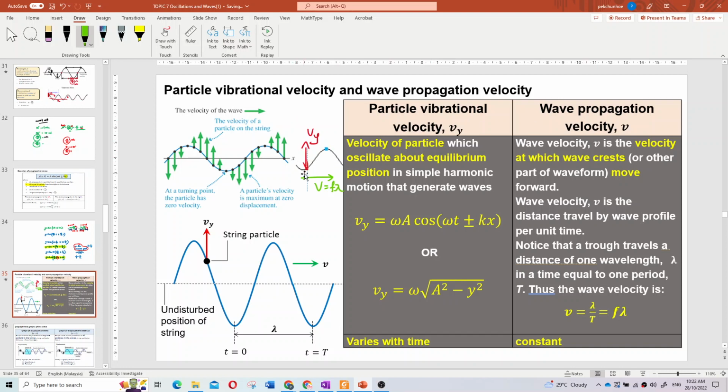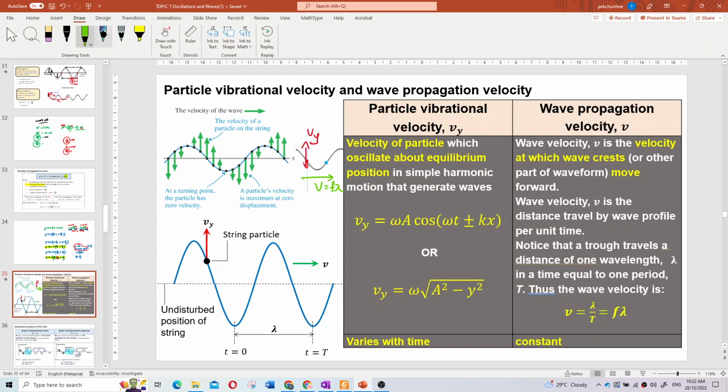The particle vibration velocity is the very long equation. The wave propagation velocity is the velocity of the wave moving forward, v equal to f lambda or lambda over period.